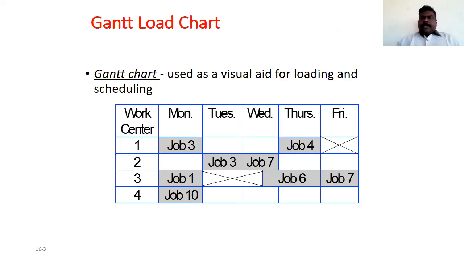The Gantt chart: how are we going to load the jobs? This chart is used as a visual aid for loading and scheduling. You can see the work centers over here: first, second, third, and fourth work center, and Monday, Tuesday, Wednesday, Thursday, and Friday. In work center one, job 3 will be on Monday, then on Tuesday, and job 4 on Thursday.